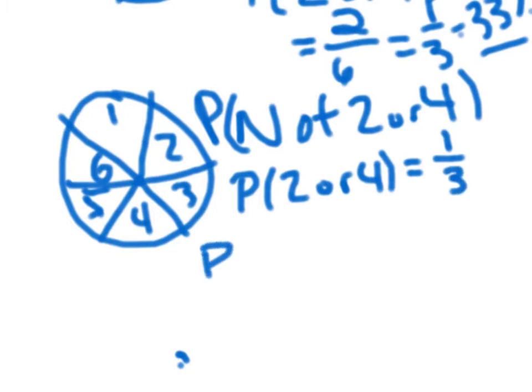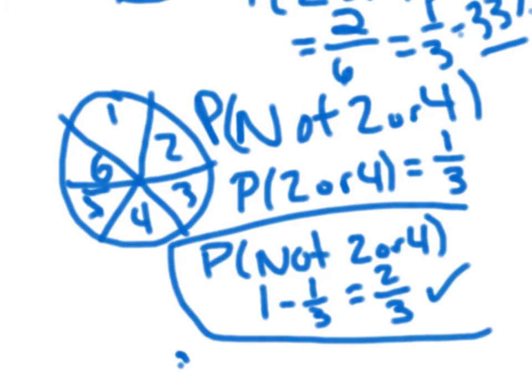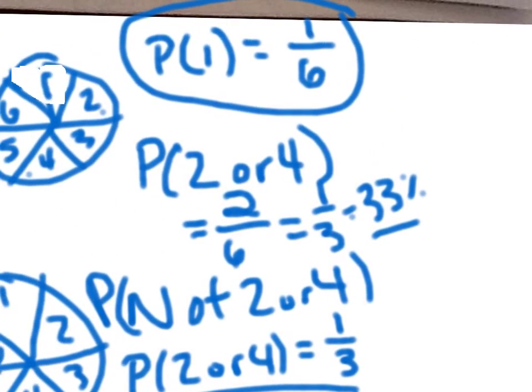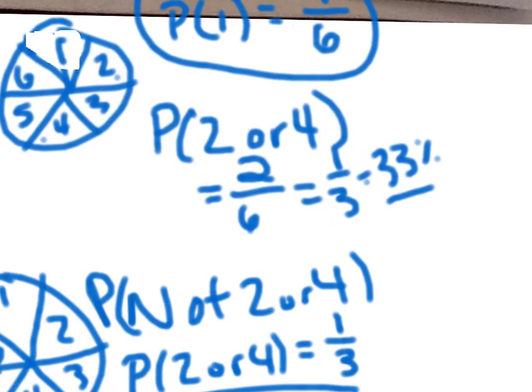So the probability of not getting a 2 or 4 is 1 minus 1/3, which is 2/3. So this is an example of finding the complement to an event. The probability of not getting a 2 or 4 is the complement to finding a 2 or 4. So I came up here and found where my probability of getting a 2 or 4 was, and that was 33%.